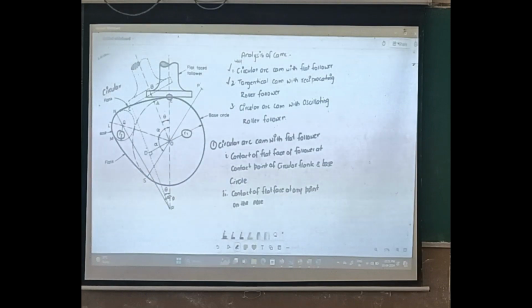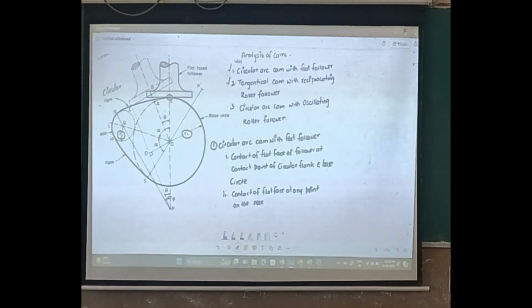When the flat surface is in contact with the flank at a common point of both the base circle radius and the flank radius, the flat base of this follower is the common tangent to both the base minimum circle radius of the cam as well as the circular arc of the cam.